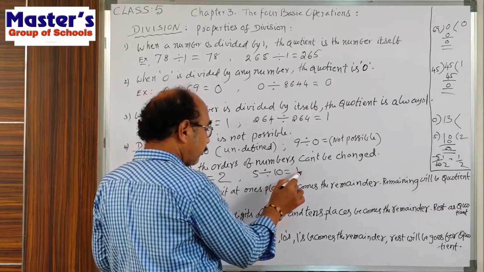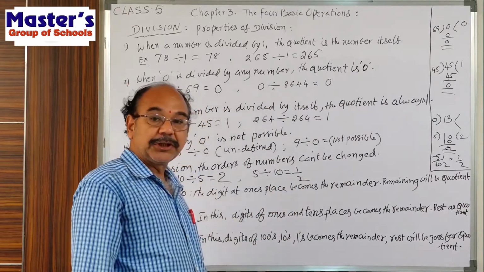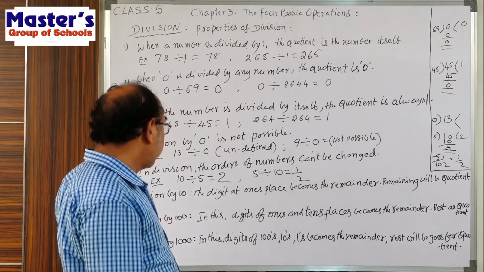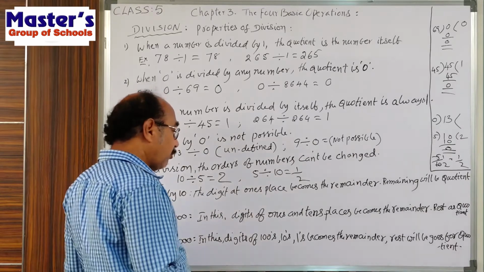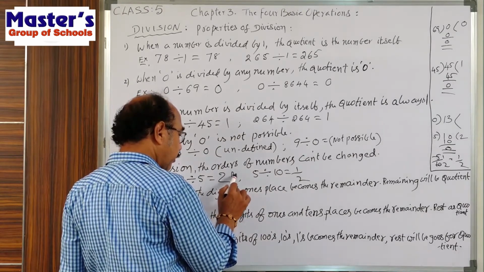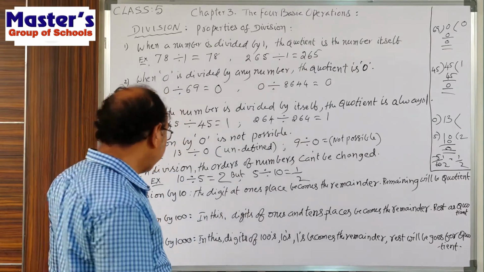You can get half. Is the quotient the same? Quotient is not the same. 10 divided by 5 is equal to 2, but 5 divided by 10 is equal to 1 by 2.